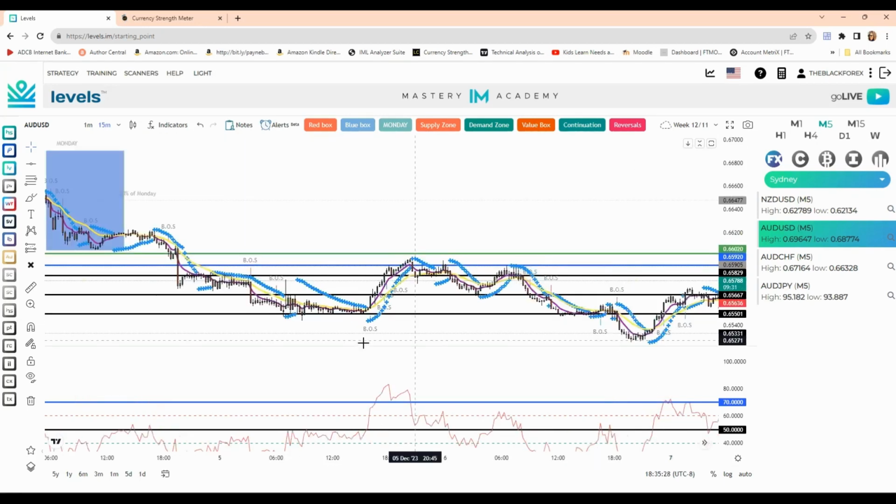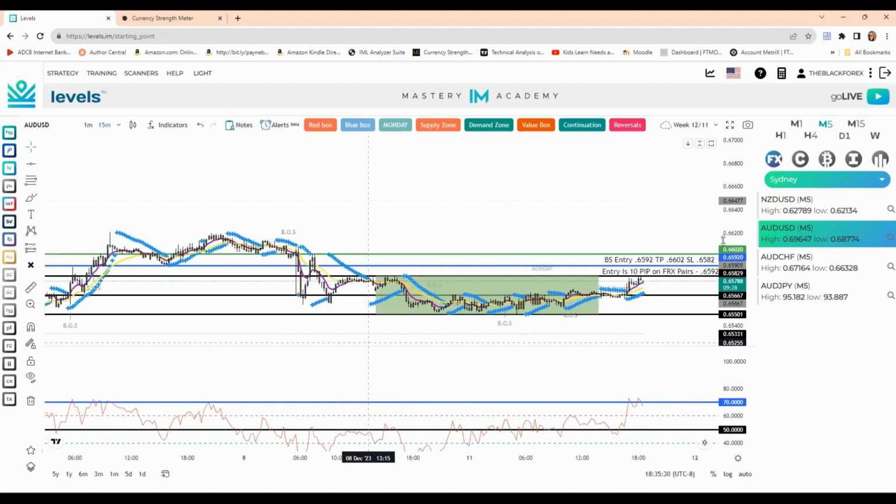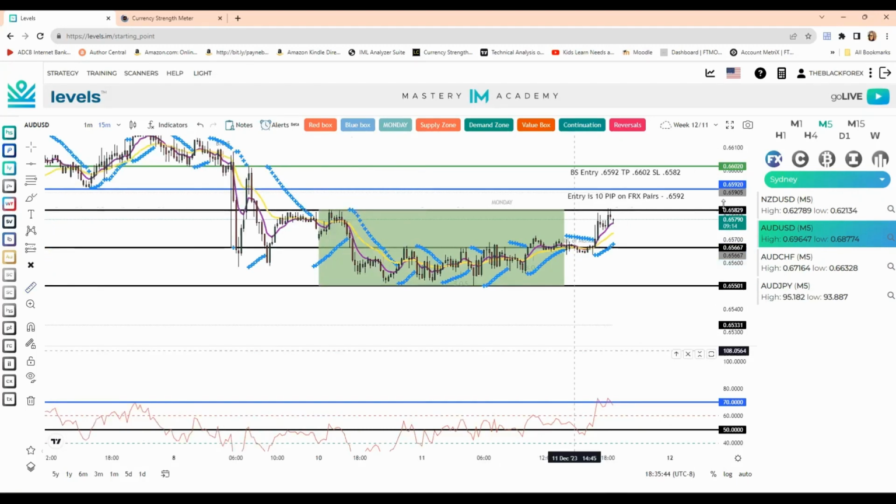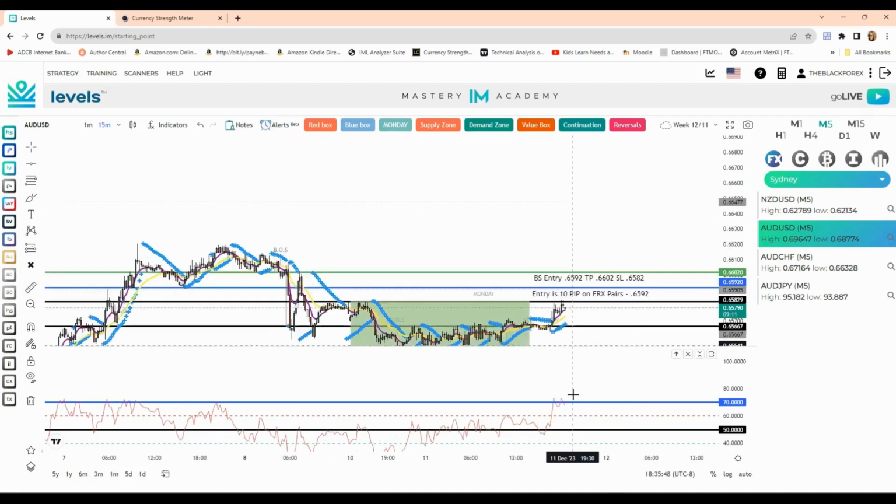It's quite consistent. So now, this is breaking out for a buy. I'm going to measure this box for the distance of the Monday box, which is about 324. Okay. I'm not going to be greedy. I'm going to be conservative, so I'm going to measure up 300.